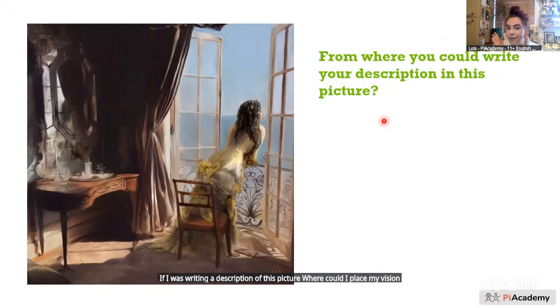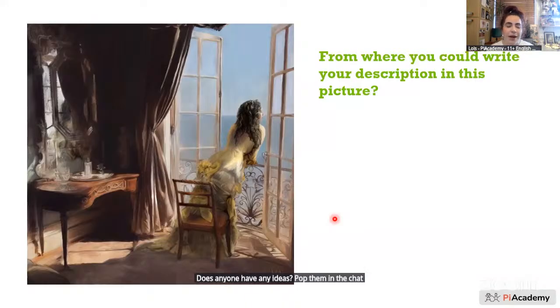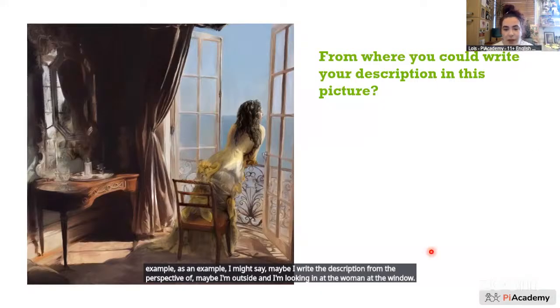Where could I be positioned in order to describe the image? Does anyone have any ideas? Pop them in the chat if you've got an idea. As an example, maybe I'm outside looking in at the woman at the window. Perhaps that could be one possibility.